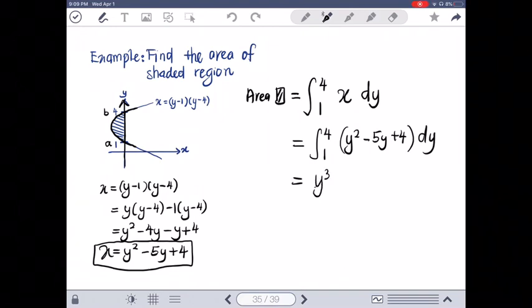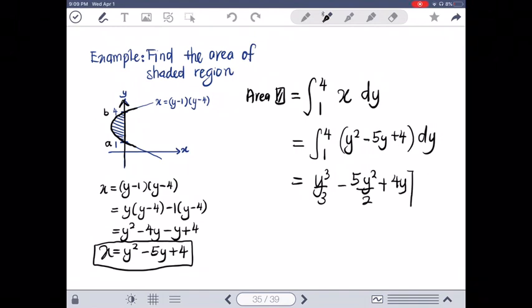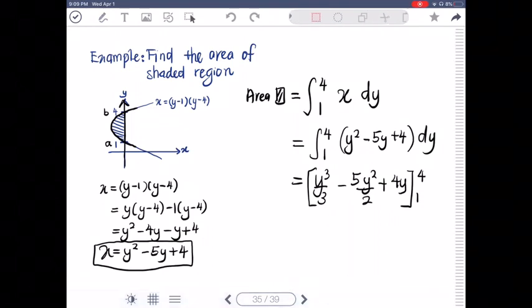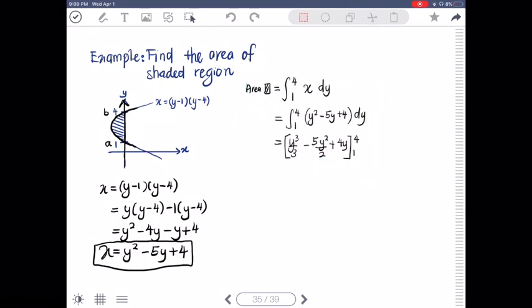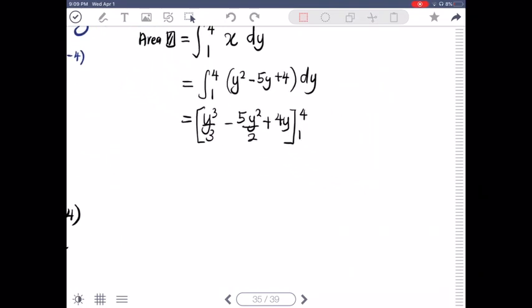Integrate as usual, becomes y to the power of 3 over 3 minus 5 y to the power of 2 over 2 plus 4y, boxed from 1 until 4, and as usual we need top minus bottom.